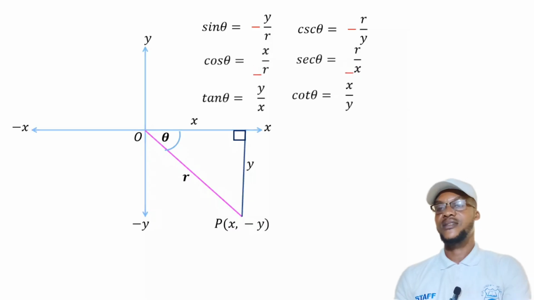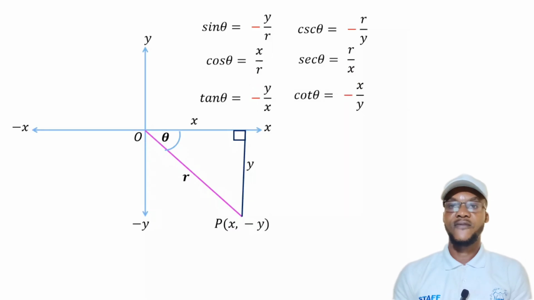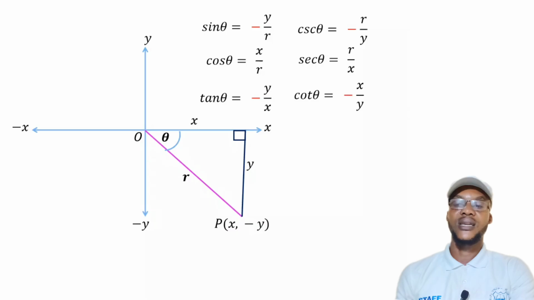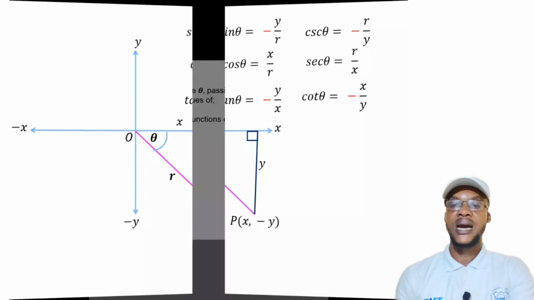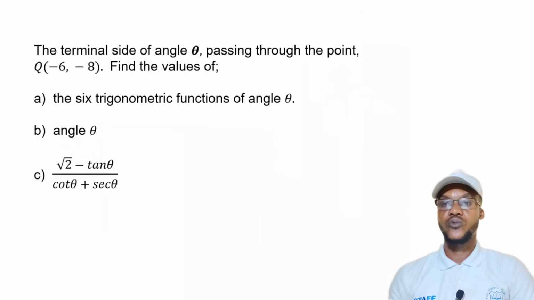Very, very interesting. All right, so you realize that this concept is very, very easy. It's not difficult. If that's the case, then let's take one example and look at how to go about it, so that if you meet them in exams, you know how to go about them.